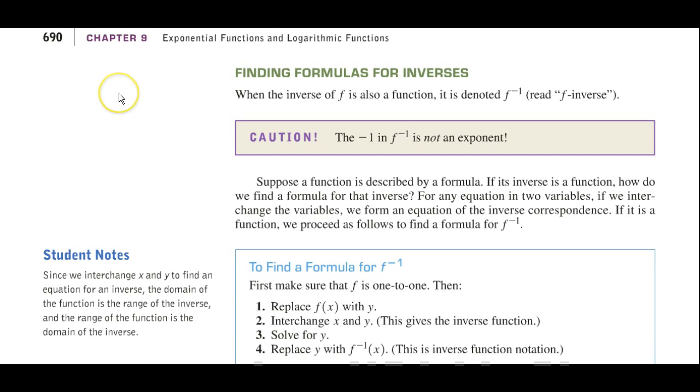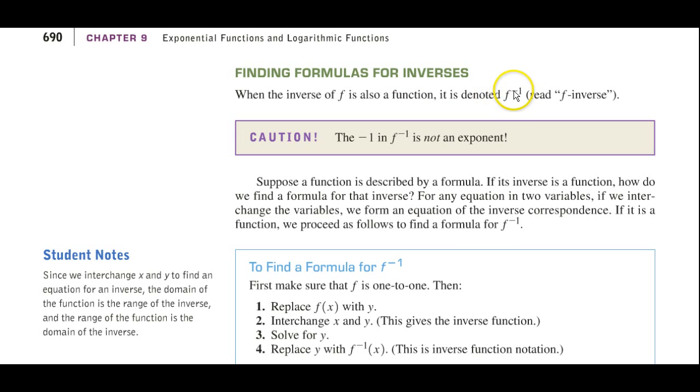Okay, finding formulas for inverses. When the inverse of f is also a function, it is denoted as f inverse. Now, you might recall that we had used negative exponents in other lessons.